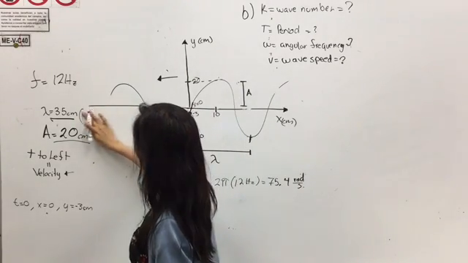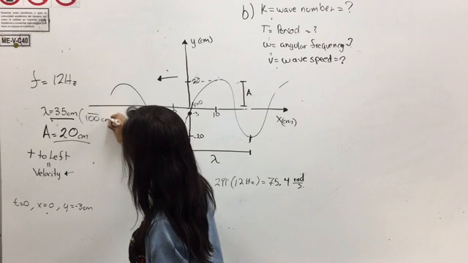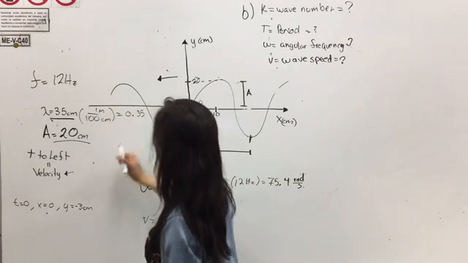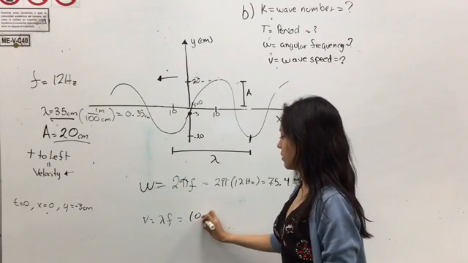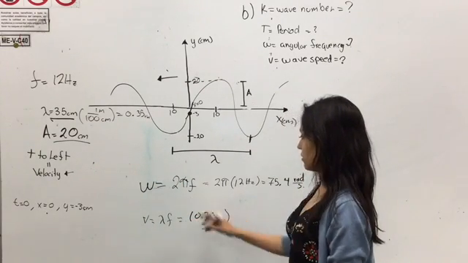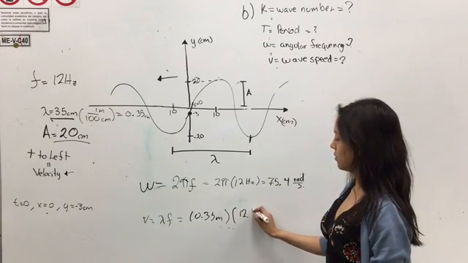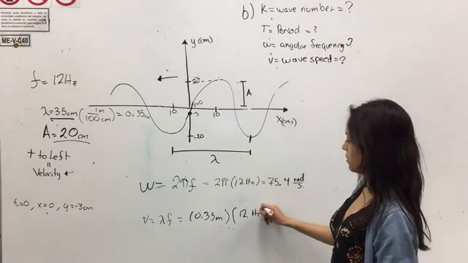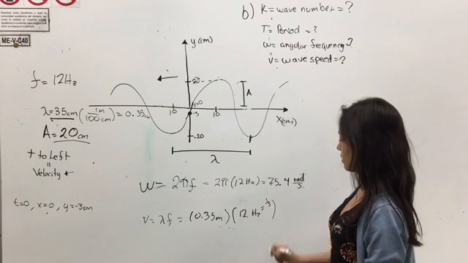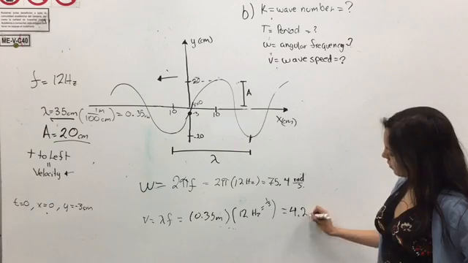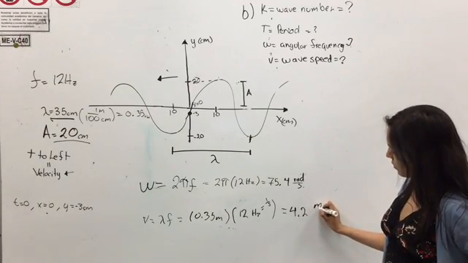And you also have to convert the 35 centimeters into meters, which will give you 0.35 meters. And now you only have to substitute those values in the equation. Remember that 1 Hertz is equal to 1 over seconds, and that will give you 4.2 meters per second.